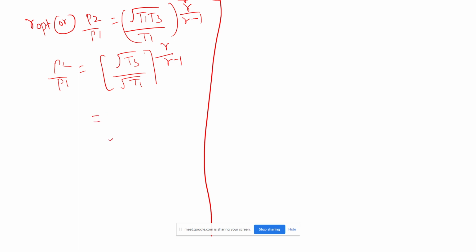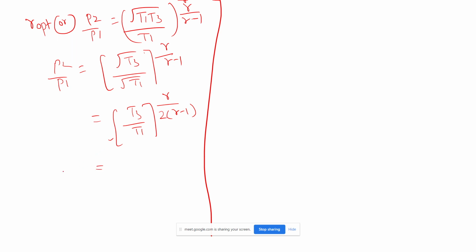Have you got this till here? So Rp optimum, or P2 upon P1, can further be written as (under root of T3 upon T1) to the power gamma upon gamma minus 1, which is P3 upon P1 to the power gamma upon 2 into gamma minus 1. Can we write it like this? Because it is under root, we can put half instead of that.